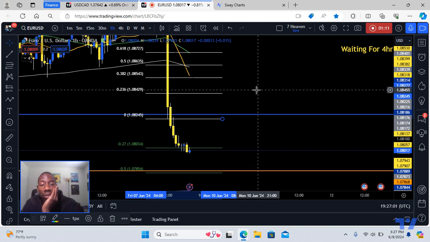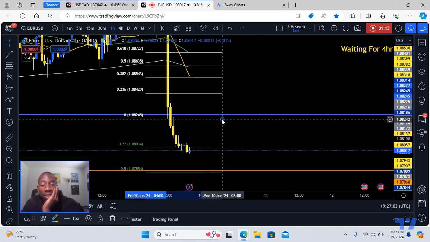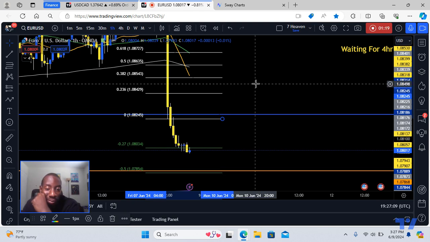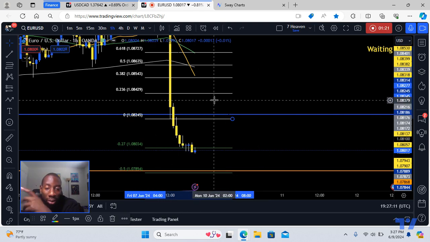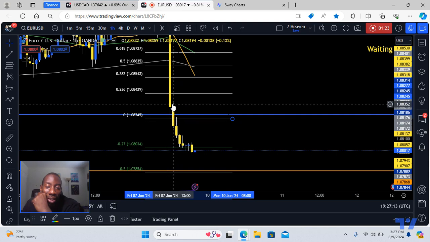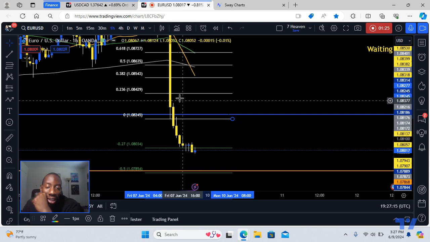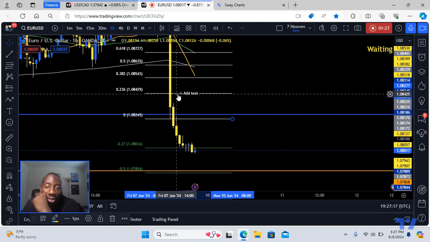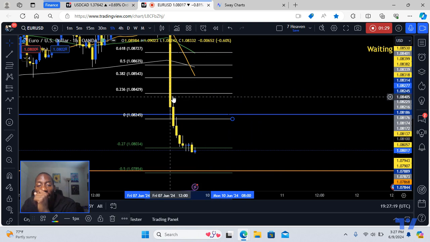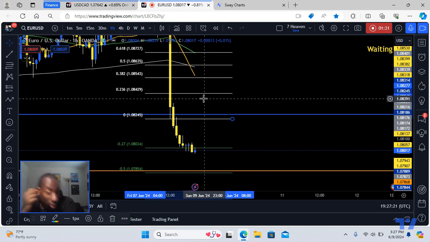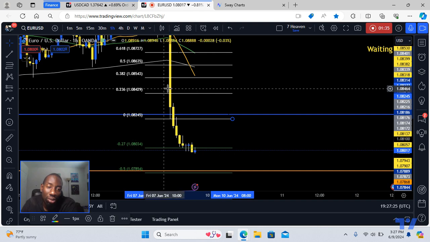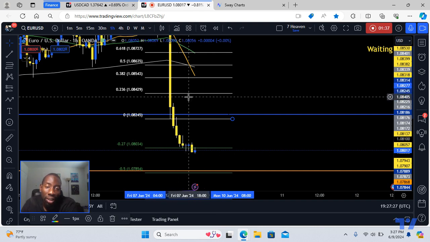Actually, let's not do the bar replay because I know sometimes the video doesn't play well with that, because I am on TradingView. So price came down. We didn't hit the negative 27 yet, and that is the area that I want to see hit. I mean, it said negative 27, it's the 23.6 level. My bad.